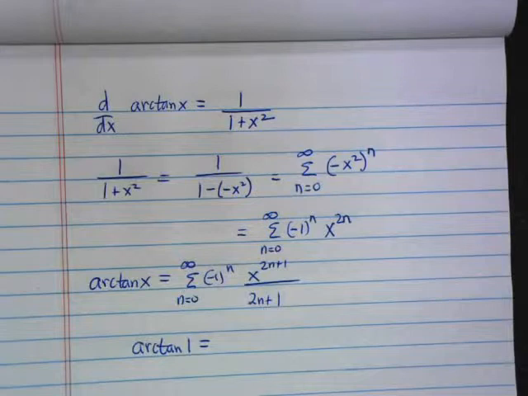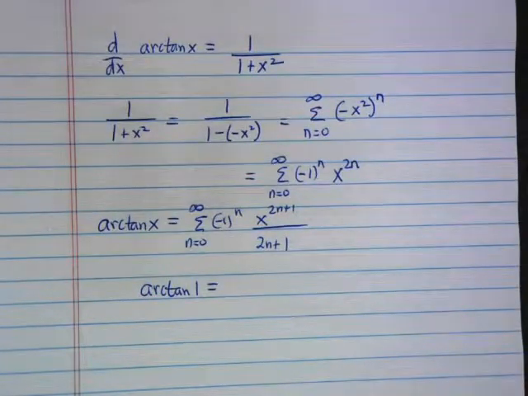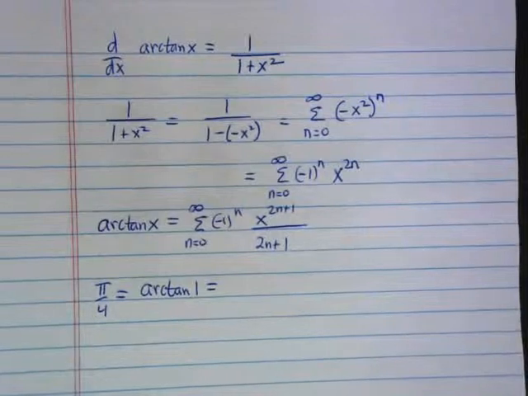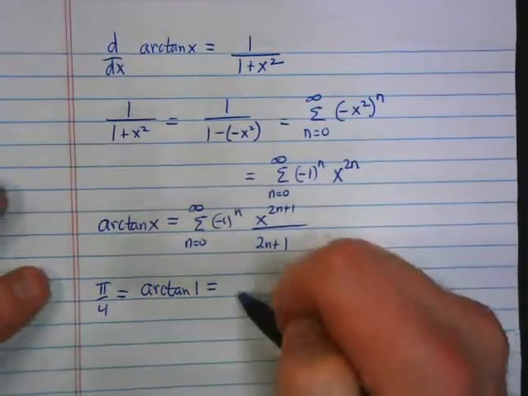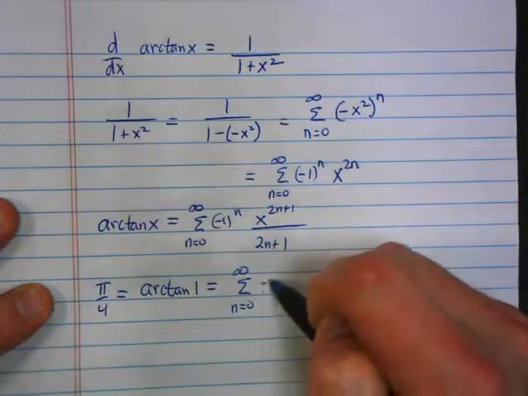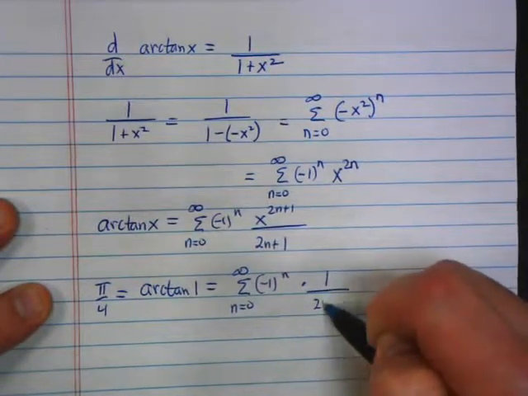What's the arctangent of 1? Tangent of what angle gives you an answer of 1? 45 in radians? Pi over 4. So pi over 4 is the arctangent of 1, which would be the sum from n equals 0 to infinity of negative 1 to the n times 1 over 2n plus 1.